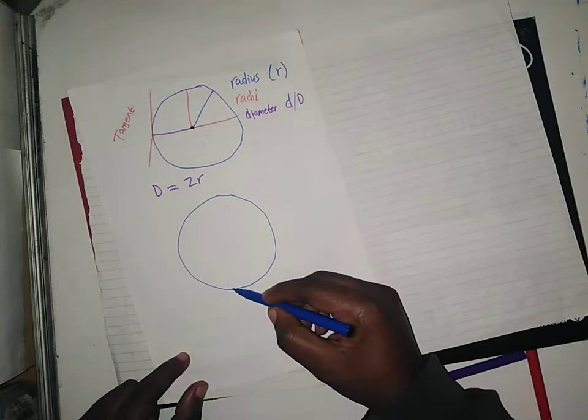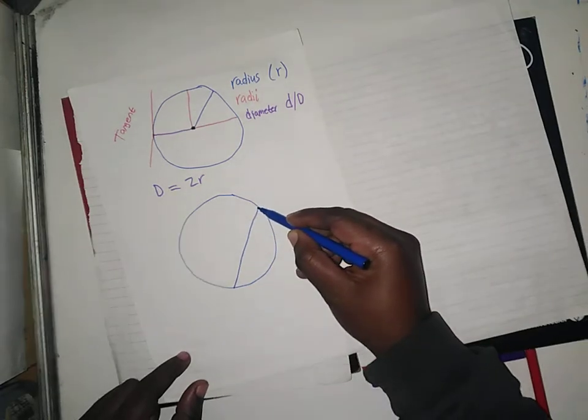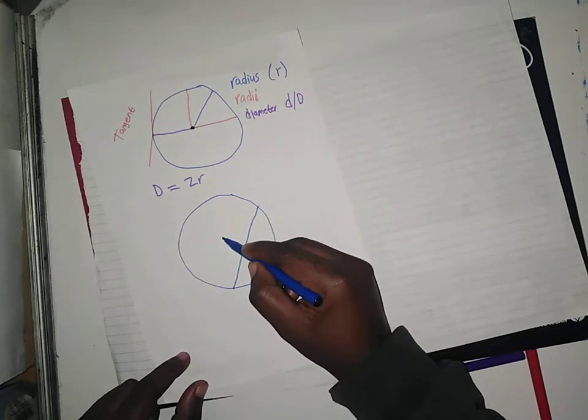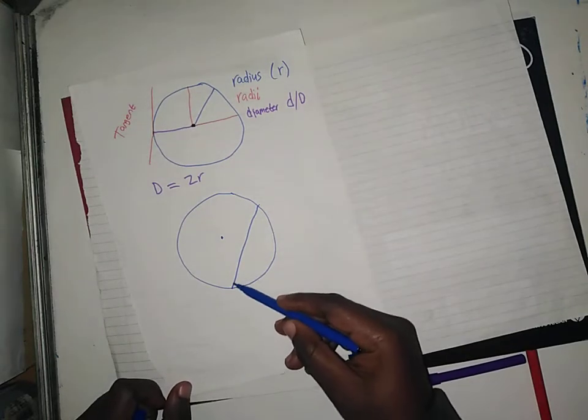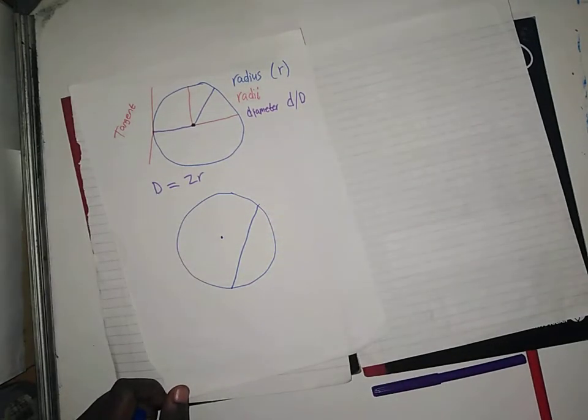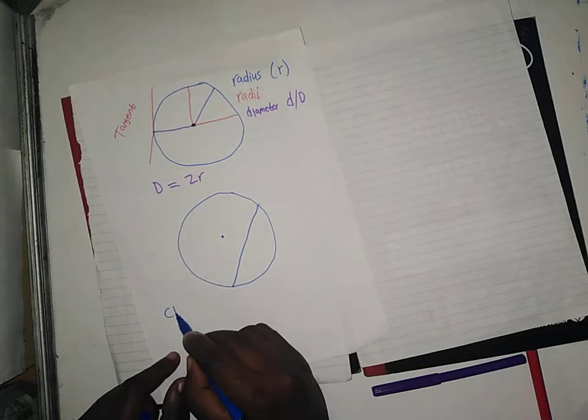It comes from a circle to a circle, and let's say the center is here, it doesn't pass through the center. So a line from a circle to a circle is called a chord, and this is how you write it.